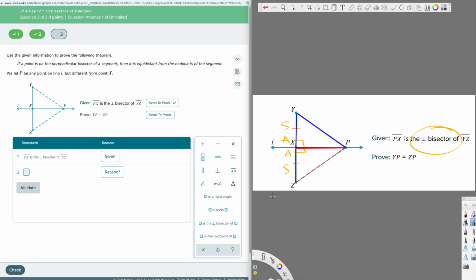If those don't sound familiar, definitely go back to chapter 6. We went over those really heavily, I believe in section 3 and section 4, and also in section 5 we were covering them again. So we went over those quite a few times in chapter 6. If those don't sound familiar, definitely go back and watch those again. They should sound very familiar at this point, or if not, definitely identifiable.